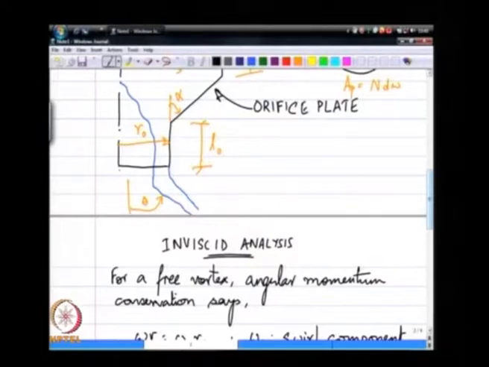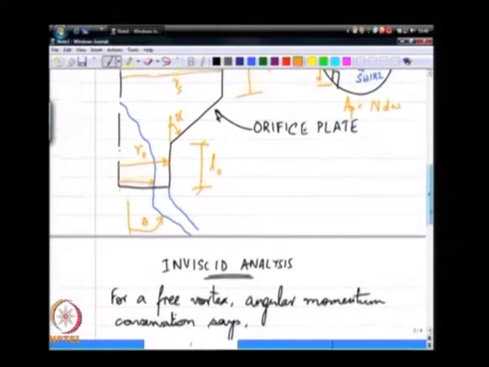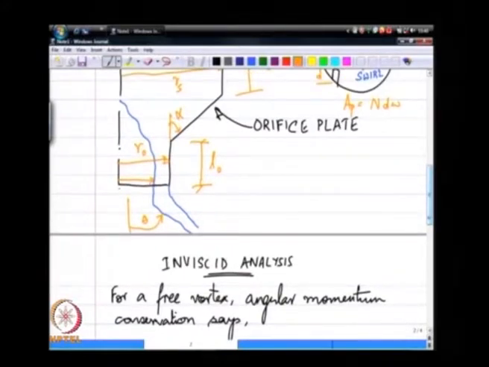So, let us see what that means here. What I have shown here in blue is the air core itself. And I am going to call the air core radius as r OA.